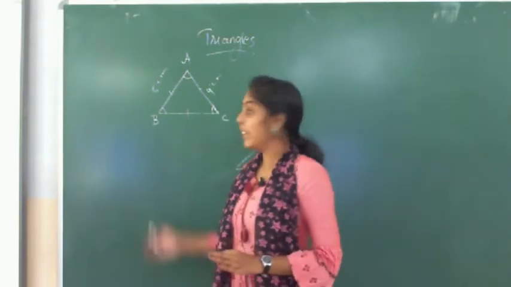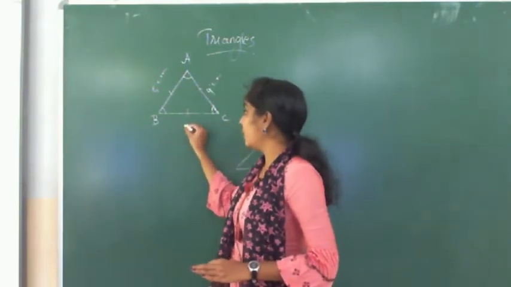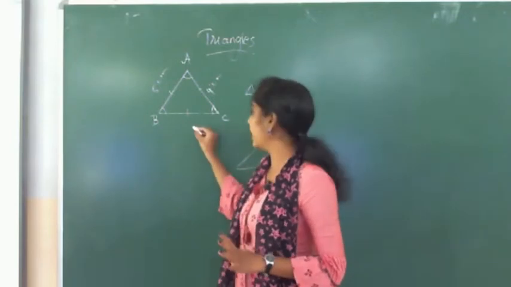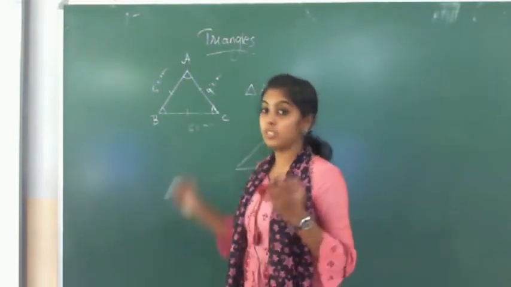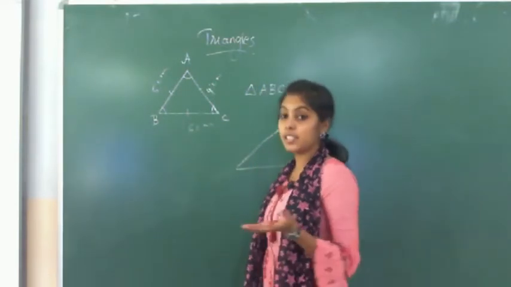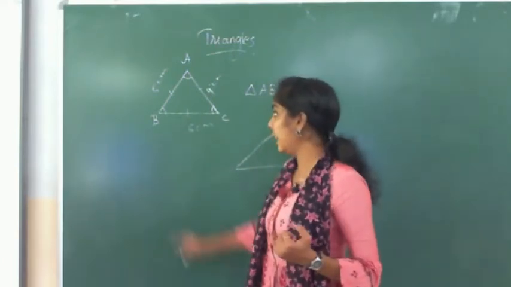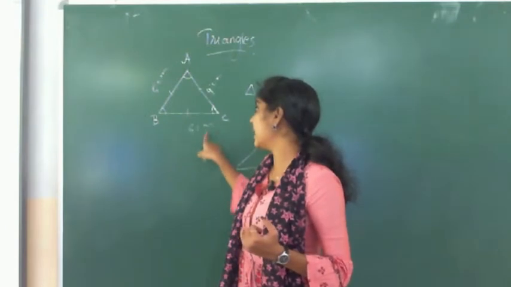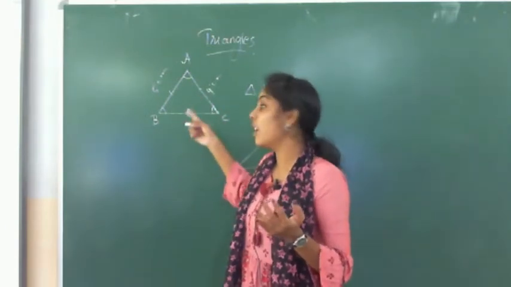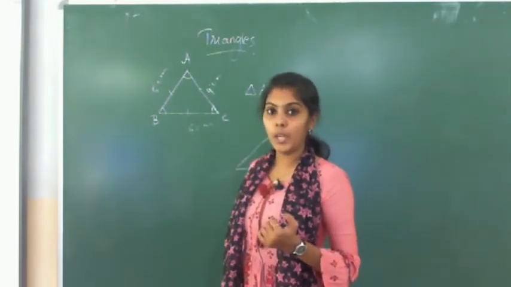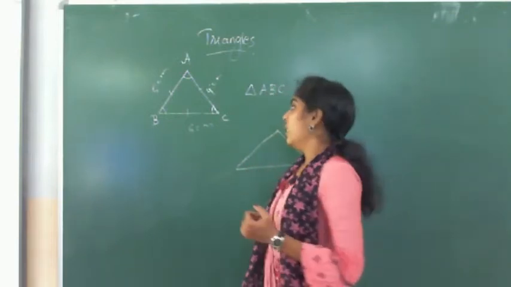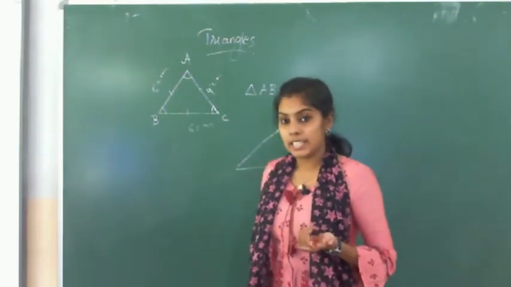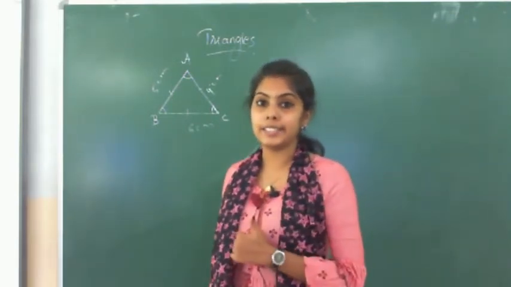Definitely it should be greater than the length of the third side. Maybe the length of that side is 6 centimeter. But when we add the lengths of any two sides, it will be greater than the third one. Okay, clear?